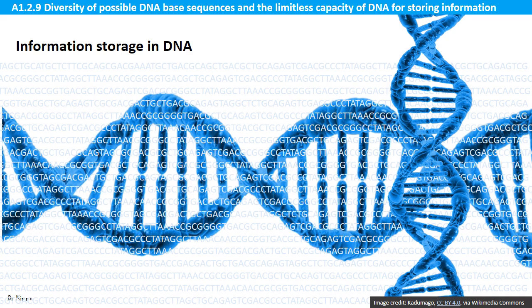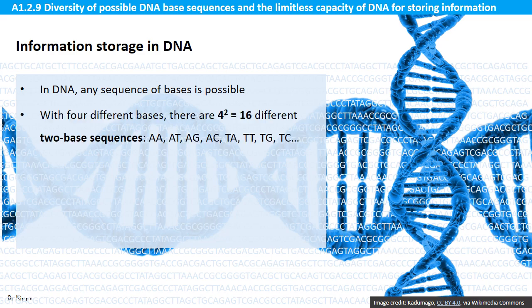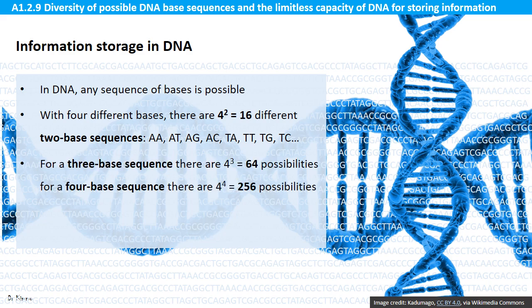Information storage in DNA. In DNA, any sequence of bases is possible. With 4 different bases, there are 4 to the power of 2 different 2-base sequences. AA, AT, AG, AC, and so on. 16 possibilities. For a 3-base sequence, there are 4 to the power of 3 possibilities.